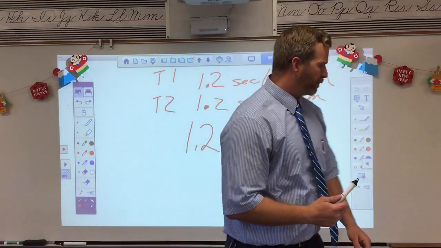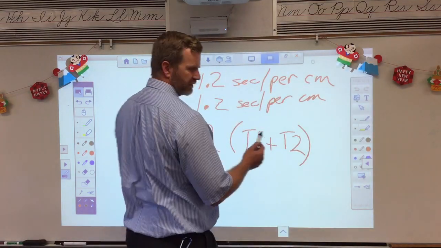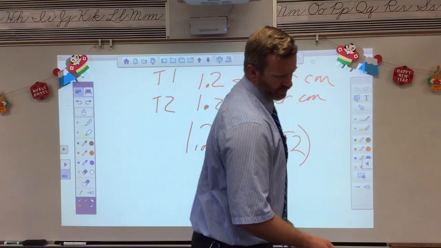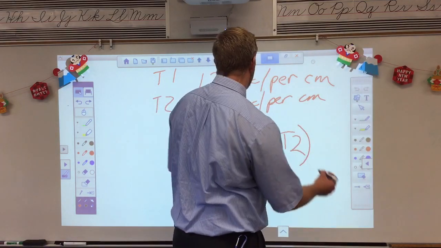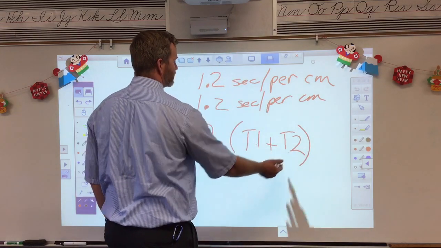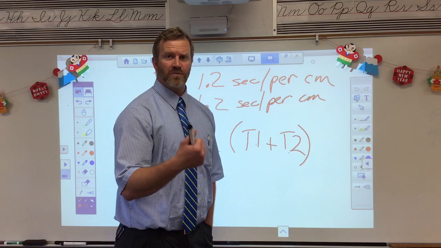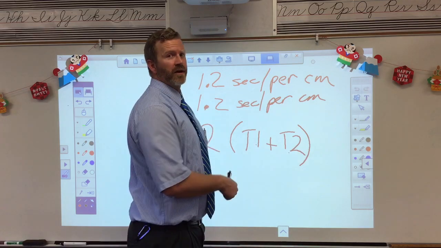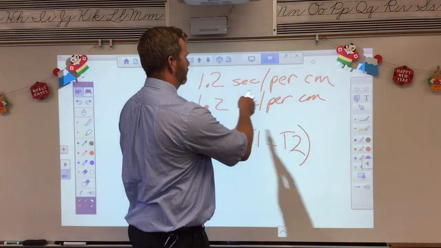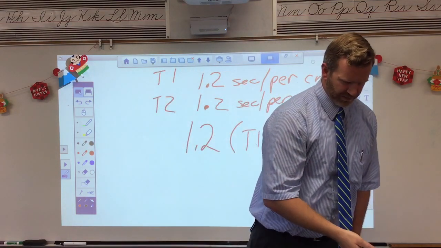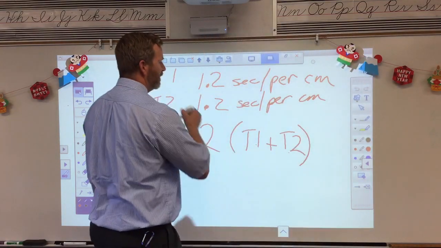And so once we plug in, let's see. If we plug in our number here for T1 or T2 of how many seconds the test was conducted, then we can work it out. 1.2 seconds per centimeter. Yes, there you go. Make sure I wrote that right.